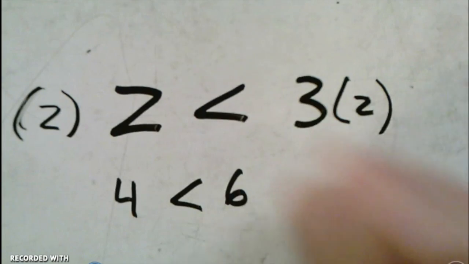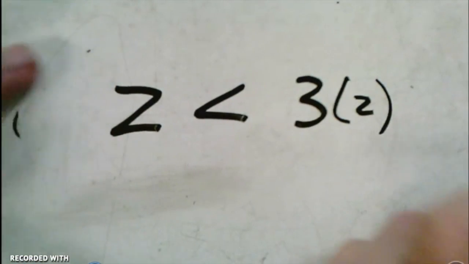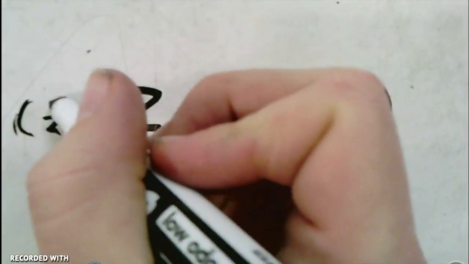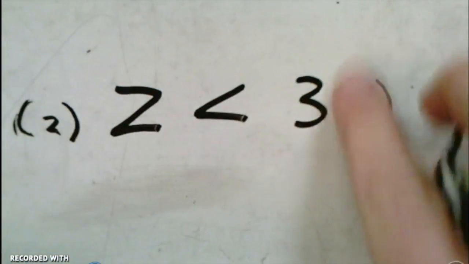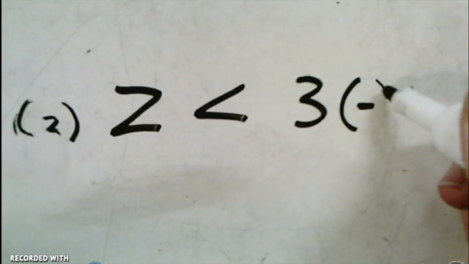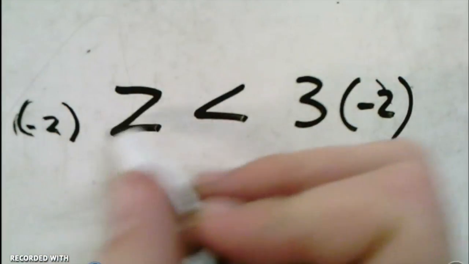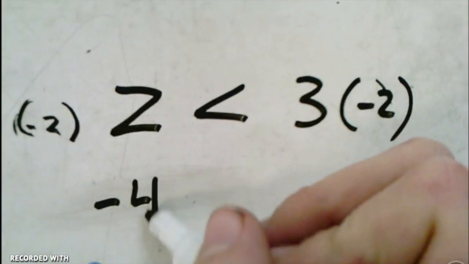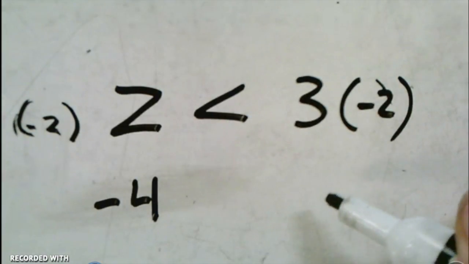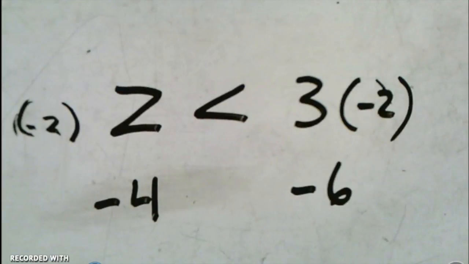Still true. But what happens if instead I multiply them by a negative 2? And over here, by a negative 2. Well, now I get negative 2 times 2 is negative 4, and 3 times negative 2 is negative 6.